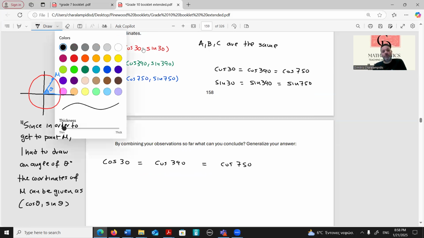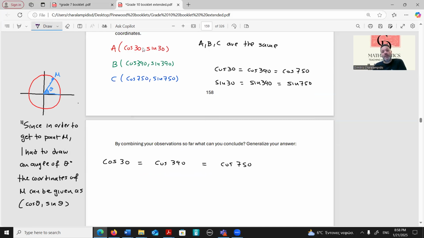I notice that I can express cosine 390 as cosine of 1 times 360 plus 30, and cosine 750 as cosine of 2 times 360 plus 30. Also, I can express cosine 30 as cosine of 0 times 360 plus 30.